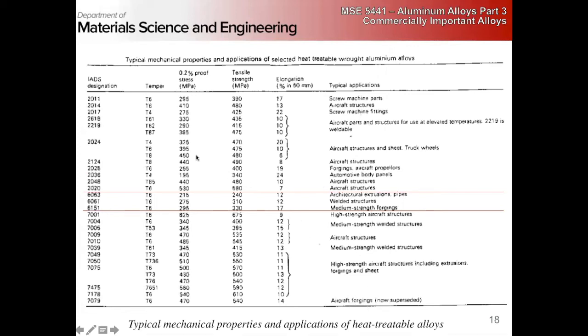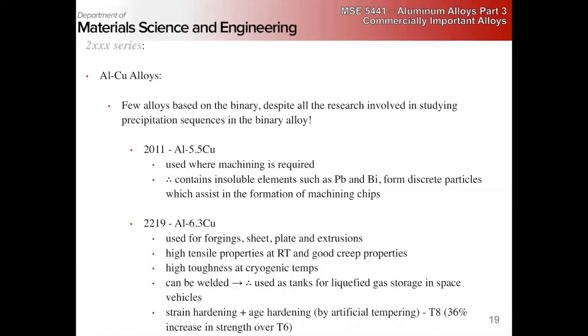Right? The one I keep bringing up in class, 2024, typically used in the T3, T4, T6. I've never seen it in the T8, even though it's listed on this sheet. But aircraft structures and sheets, this is what I worked with a lot when I was an aircraft mechanic.